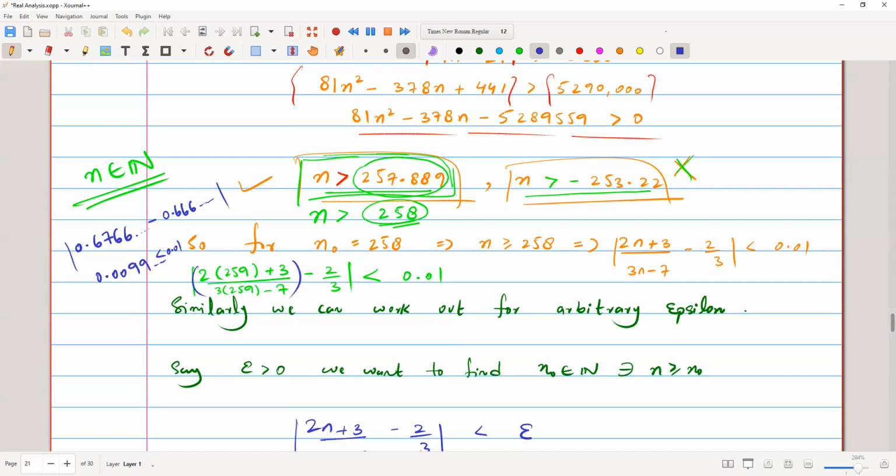So this whole distance becomes less than 0.01 after this n naught. That's what we are talking about in terms of limit, and it's the essence of the limit that the distances become smaller and smaller.